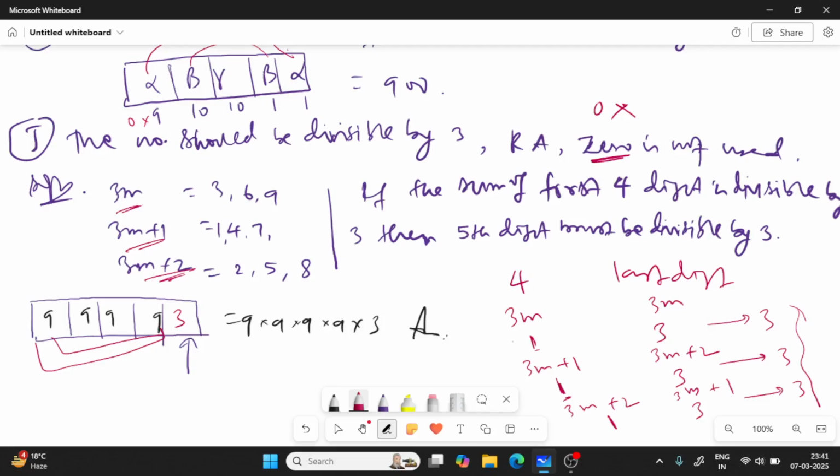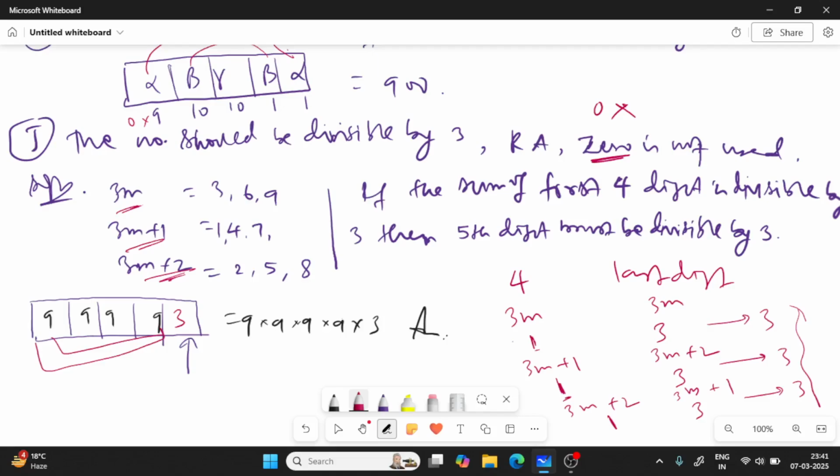You can see clearly 1, 4, 7, these are of 3m plus 1 type. So three ways. So irrespective of the sum of the digits, whether it is of 3m type, 3m plus 1 type or 3m plus 2 type, to fill the last digit, we always have three ways. That's why we have kept three here.